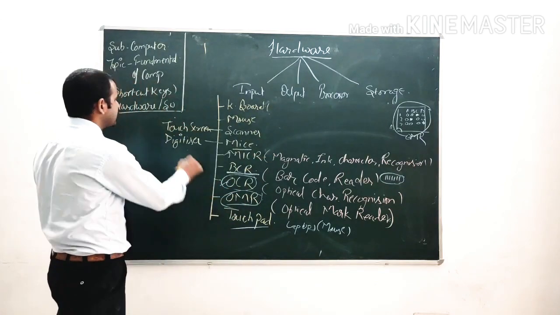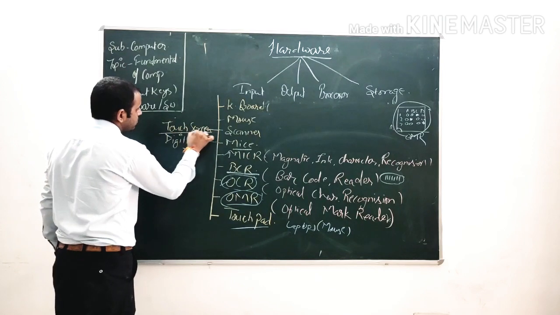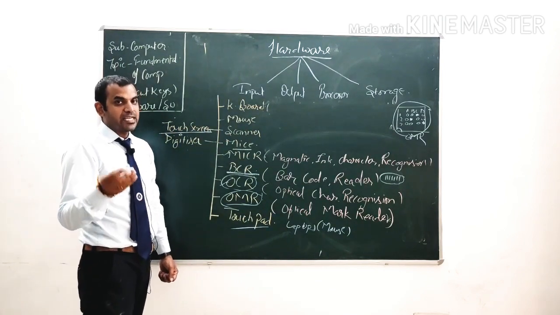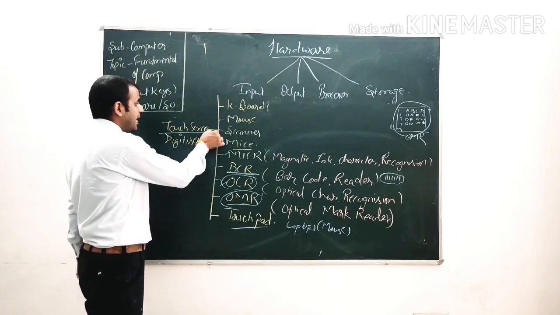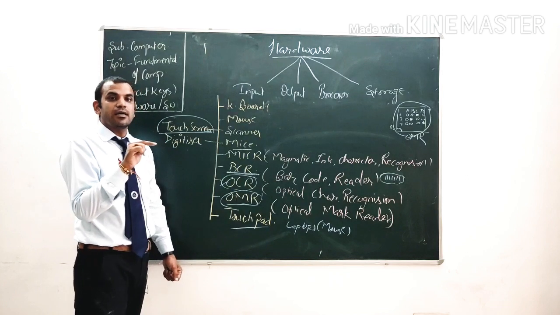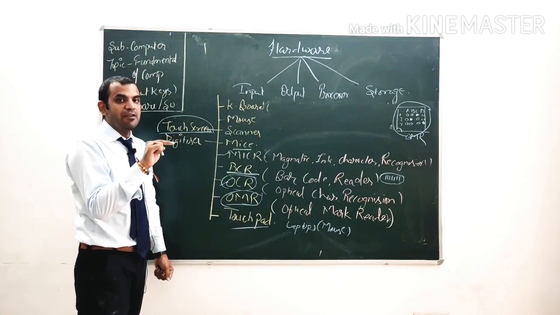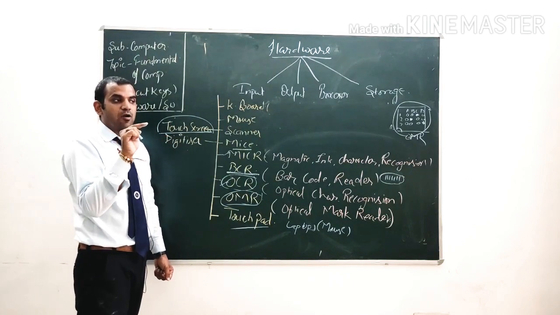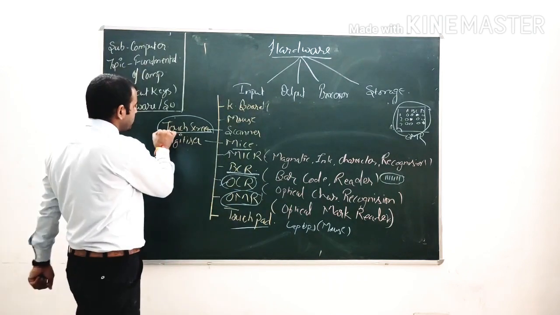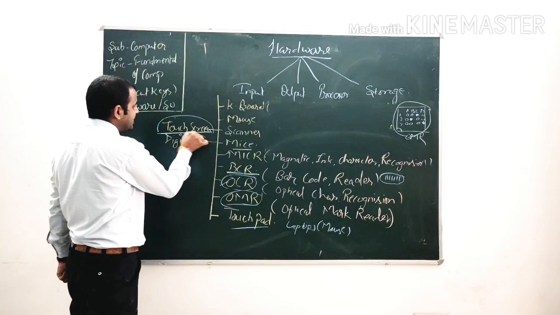Okay, next one is touch screen. Everyone knows what the touch screen is. Nowadays you are using a smartphone, and a smartphone also has a touch screen, and the touch screen is an input device, just because if you click on the screen, the mobile phone accepts your finger, or you can say your command. So that's why it is also an input device.